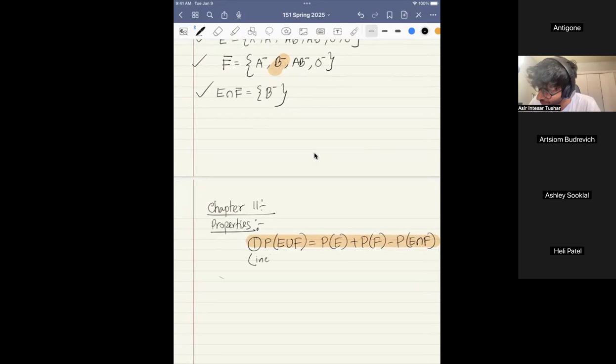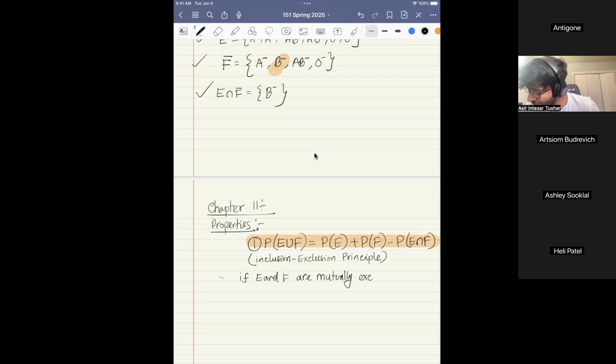This goes by inclusion exclusion principle, and there is another extension of it. So if E and F are mutually exclusive.